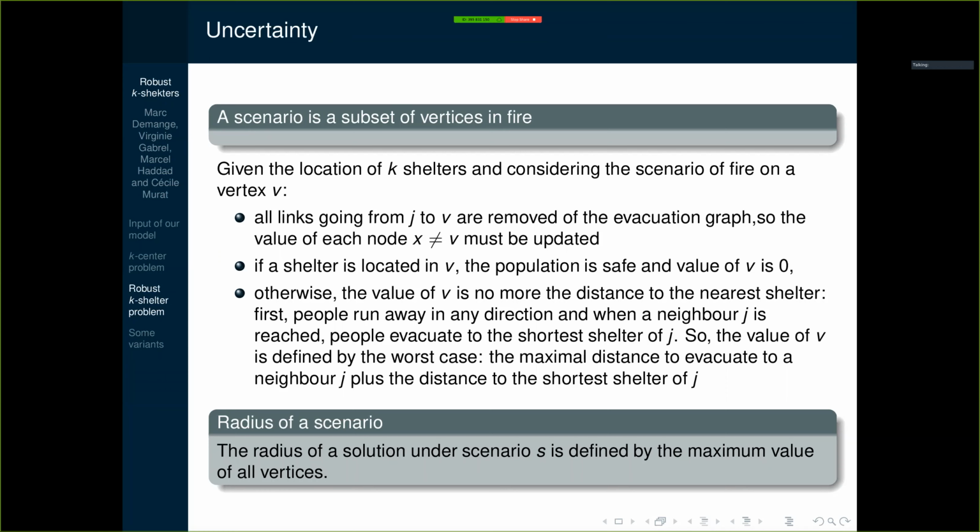So the valuation of each vertex for the solution and the scenario is updated, and we associate to each scenario a radius, which is the worst value of all vertices.